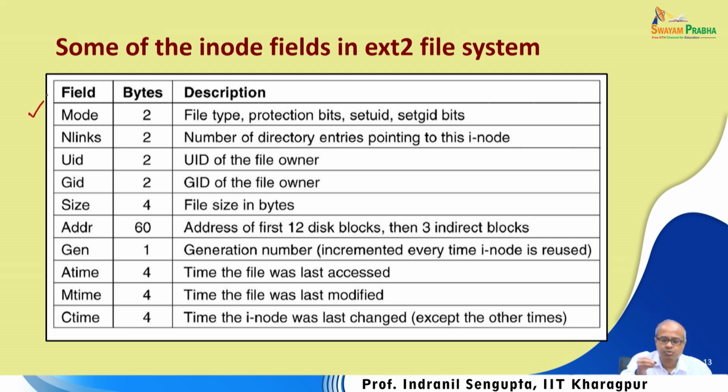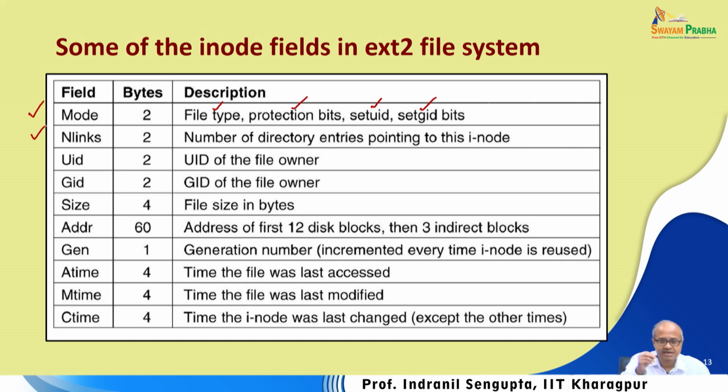There is a field called mode. You see number of bytes is also mentioned, which field is what size. This contains the file type, whether it is a regular file, whether it is a device file, an IO device, whether it is a linked file and so on. Protection bits, what kind of access rights are there, who is the user of that file, group, set UID, user ID, group ID, GID, these are also there.